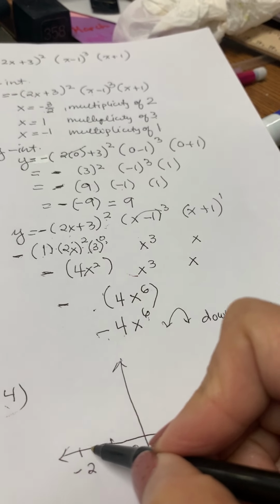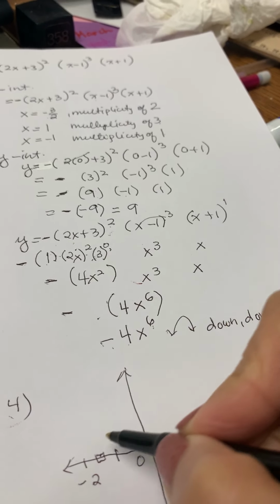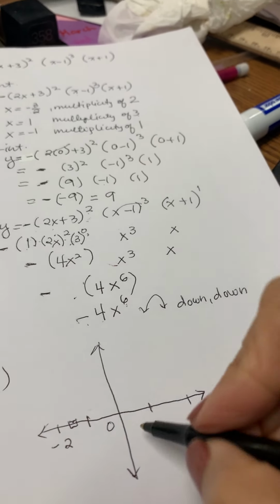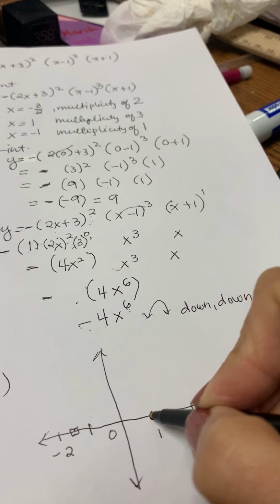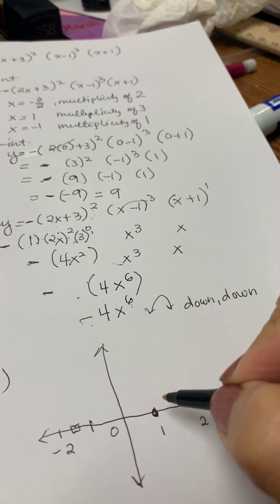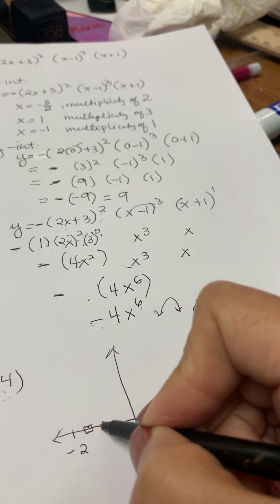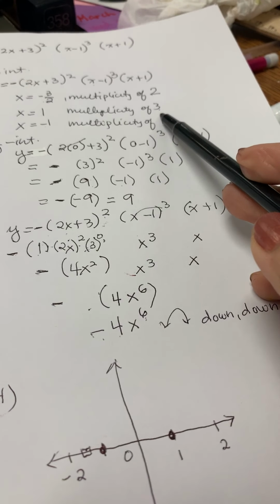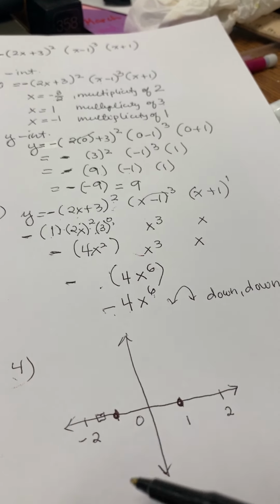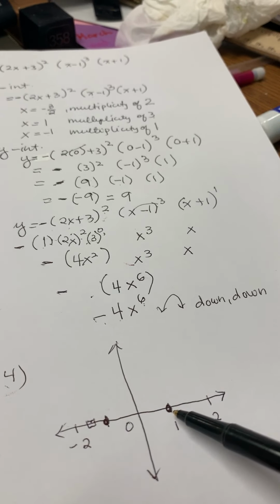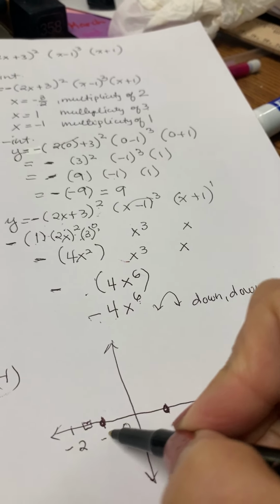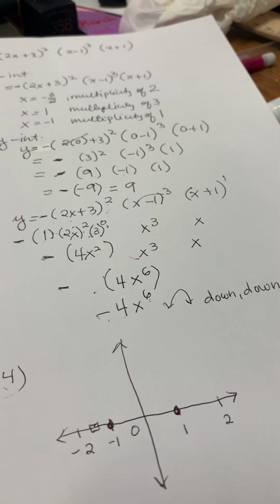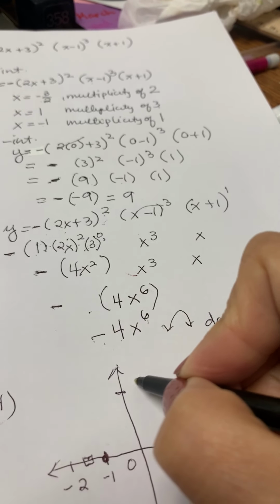So that will be here, a square. We will just touch it. Then 1 with multiplicity of 3. We're going to cross, and negative 1 with multiplicity of 1. So we're going to cross that also. So this will be bounce, cross, cross. Our y-intercept is positive 9, so say positive 9 is there.